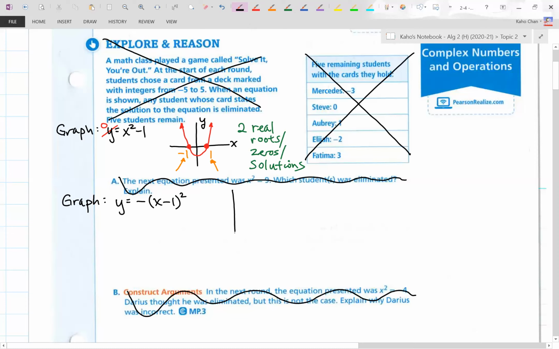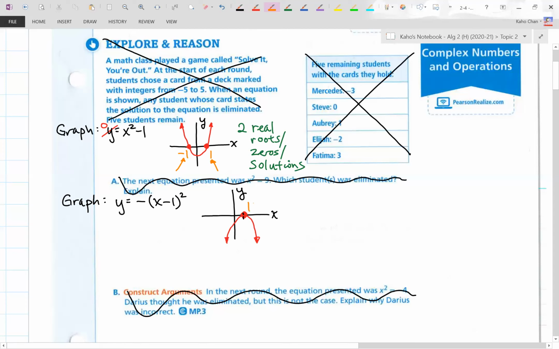Well, if you use a graphing calculator or whatever and graph it lickety split, you'll get a graph that's inverted because of that negative sign, and the h value is +1, which makes it move 1 to the right. So this particular parabola looks like this. What we want to do is see where it crosses the x-axis. In this case, there's only one intercept at +1, right?